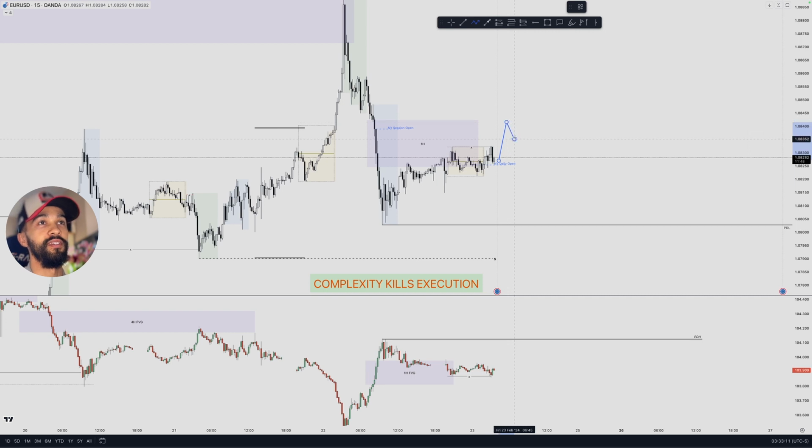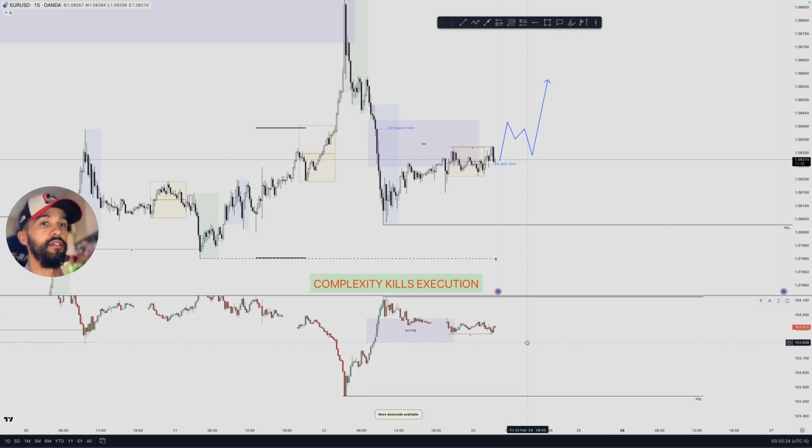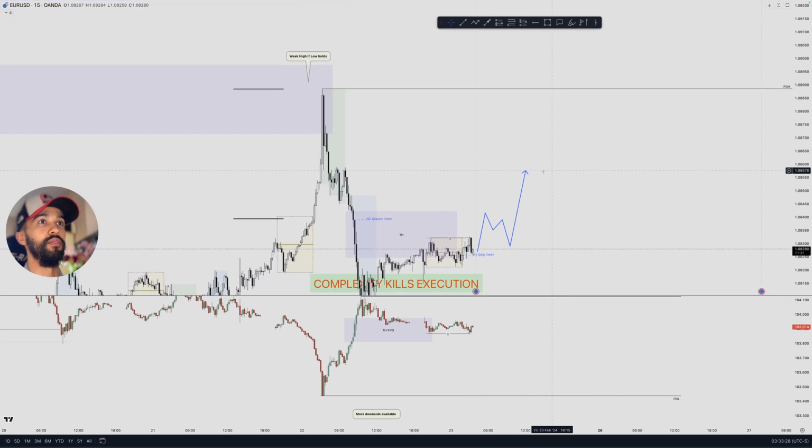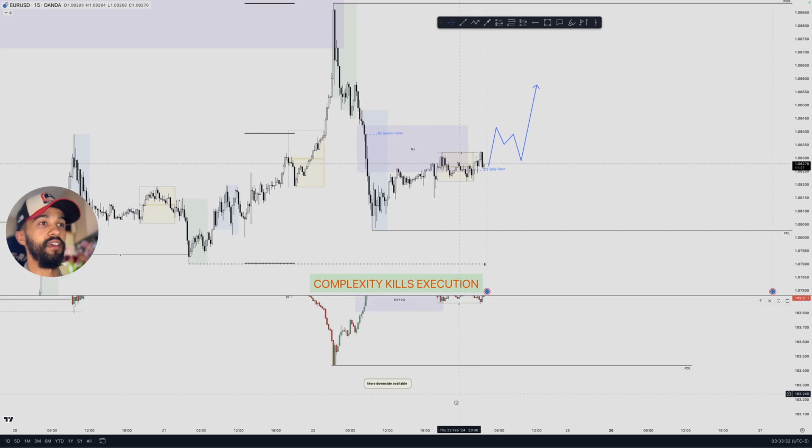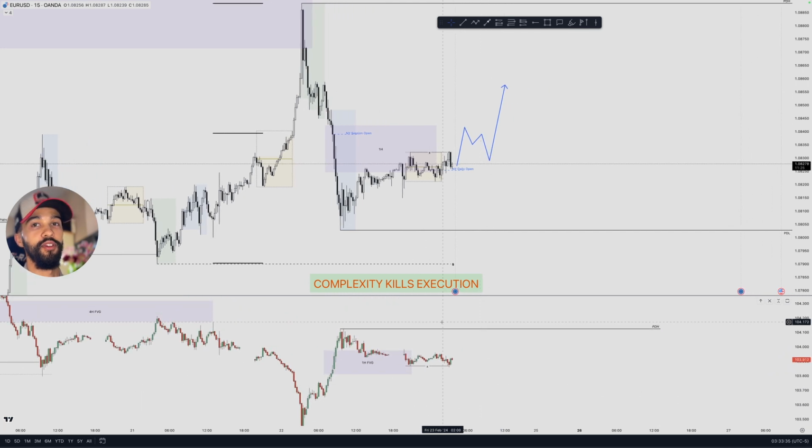But if price were to still come back down corrective, we could have that potential opportunity to go and trade higher, right? That, of course, would still align with DXY heading for its previous daily low. We'd be heading for our previous daily high, and there's also more downside available, as I said, because we have that higher time frame fair value gap to bring the price lower on DXY.